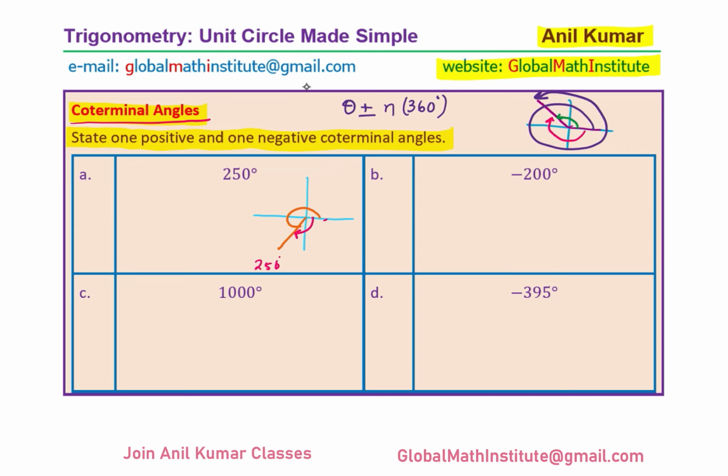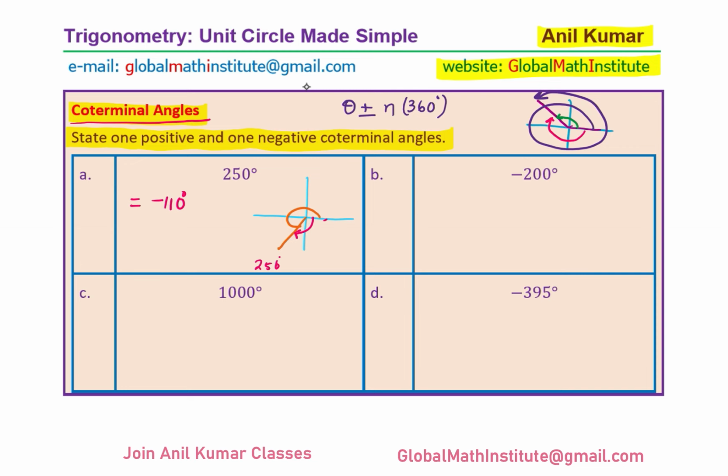Makes sense, right? So how much is that? Well, 90 plus 20, which is 110, but negative. You get the idea: 250 plus what will give you 360. So negative 110 degrees is one coterminal angle.